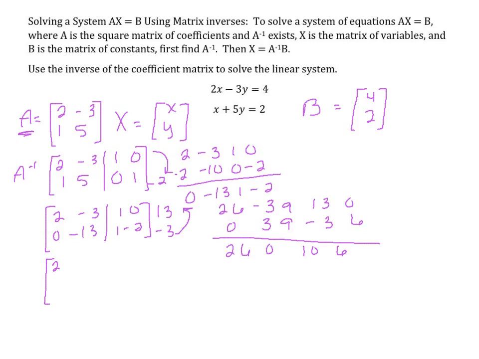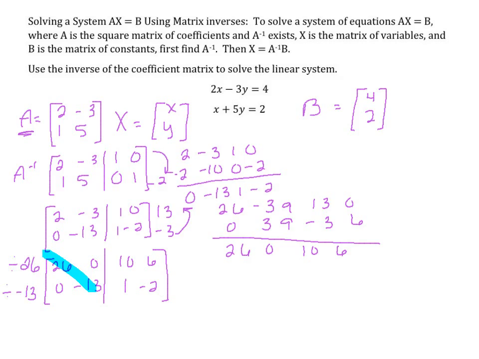26, 0, 10, 6. All right, now remember we need 1's in our diagonal here, so we need to divide every item in the top by 26 and divide every item in the bottom row by -13.